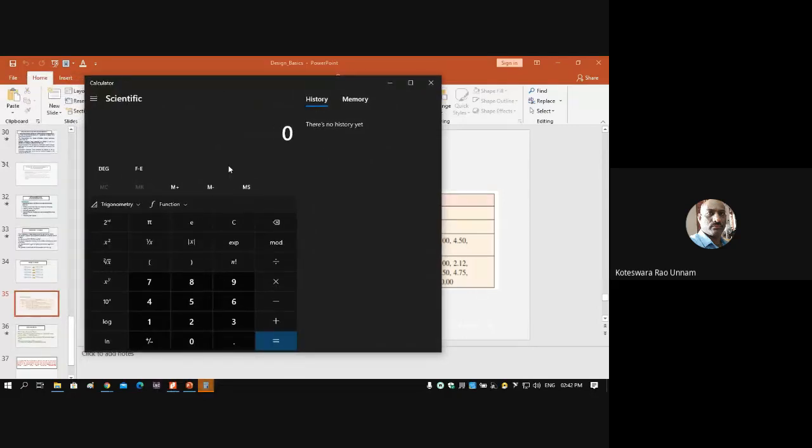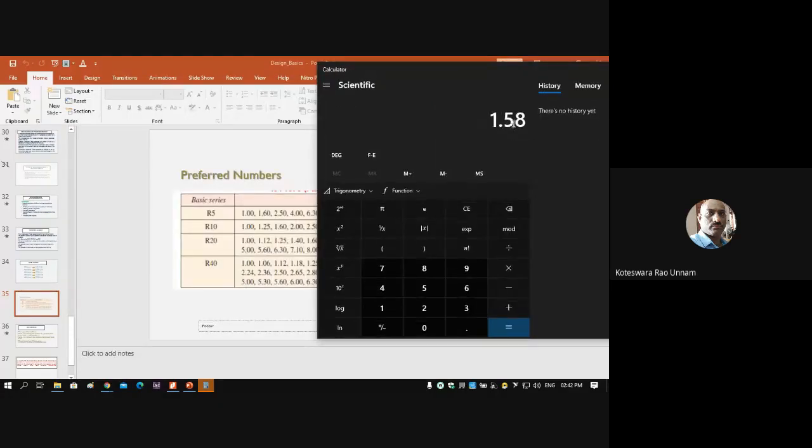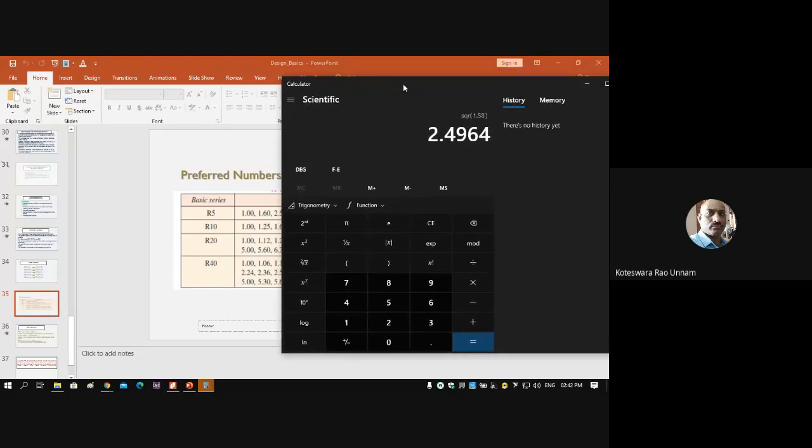My screen is visible, right? Is the calculator visible to you? First number anyway 1.58, there is no issue with that. 1 multiplied by 1.58, you will get only 1.58. Since it is close to 1.6, I round it up to 1.6. Then I'll take the square of this. If I take a square of this, how much did I get?